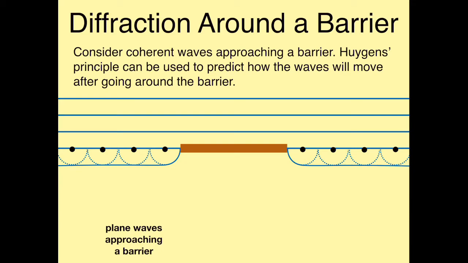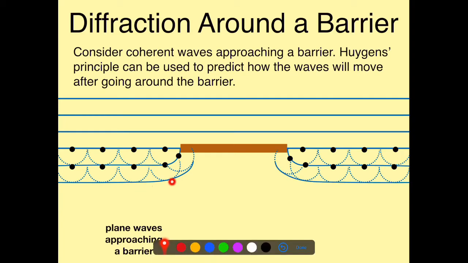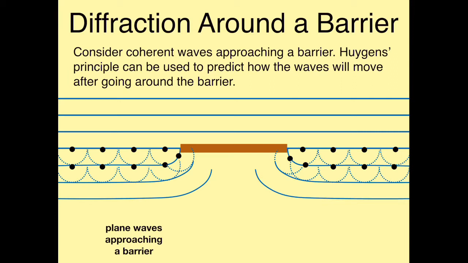So we'll do the same thing to this wavefront. We'll draw spherical wavelets at each point along the wavefront, and then do the same on the other side. And then again, the next wavefront is tangent to all of those. So one here and one here. And the overall pattern, again, can be extrapolated.